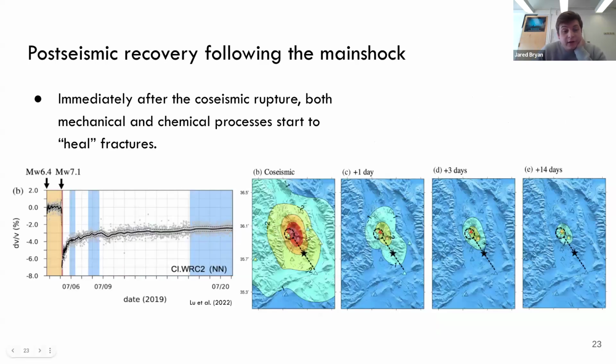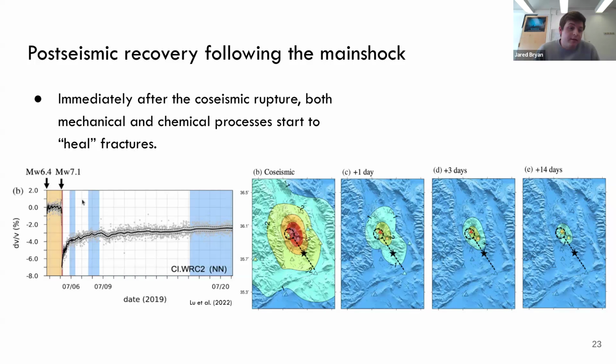Immediately after the coseismic rupture, you also see this post-seismic recovery. After you reach this minus 7% velocity perturbation, immediately it starts to recover back towards some pre-earthquake value. Whether it reaches it or falls short is of course going to be location dependent.